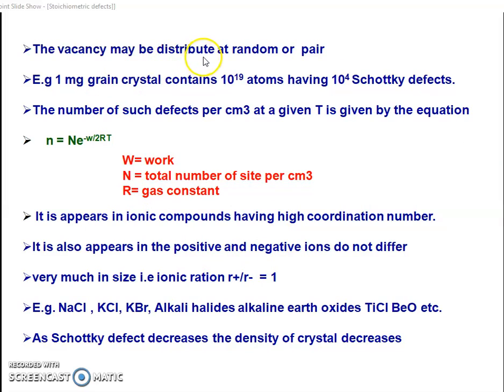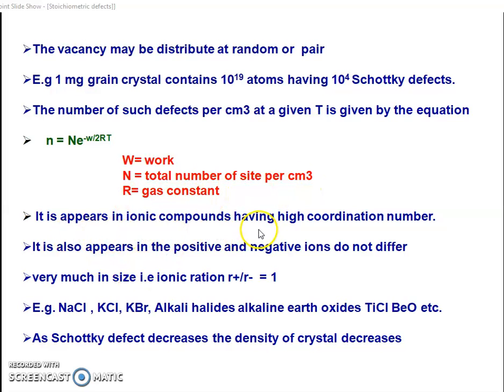The vacancies may be distributed at random or as a pair. For example, 1 milligram of the grain crystal contains 10⁻⁹ atoms having 10⁴ Schottky defects. The number of such defects per cm³ at a given temperature can be calculated using the formula n equals N raised to minus W upon 2RT, where W is the work, capital N is the total number of sites per cm³, and R is the gas constant.